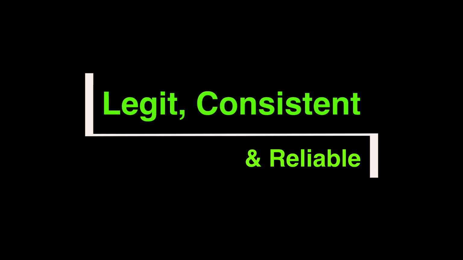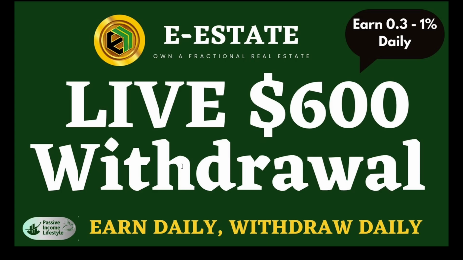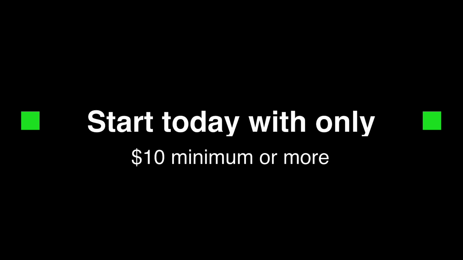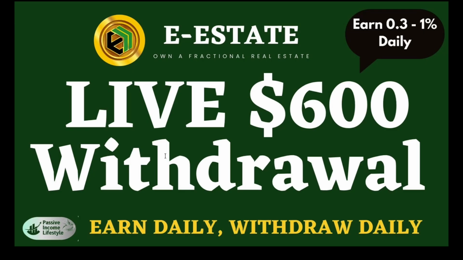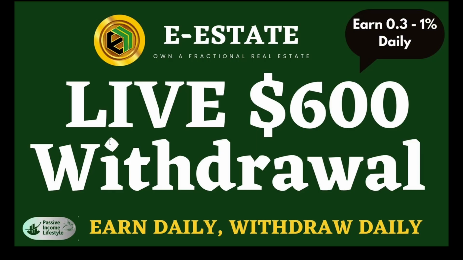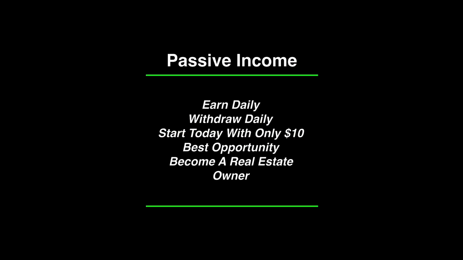If it is commission, I will tell you it is commission. If it is actual profit from my original deposit for purchasing fractional real estate, I will also let you guys know, because you guys need to know the difference between the investment profit and the commissions that you get when you are in eState.